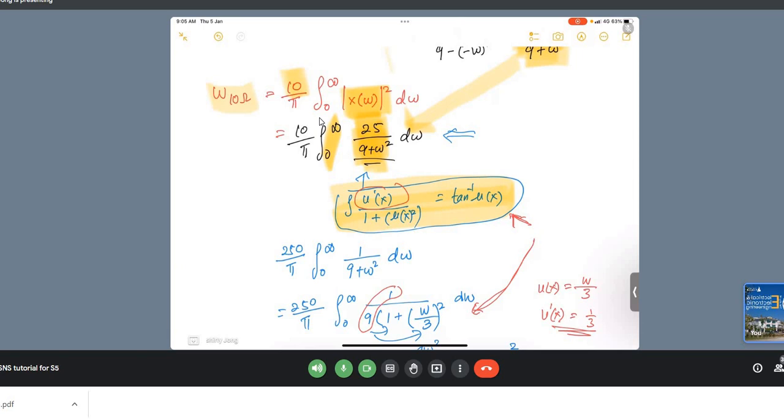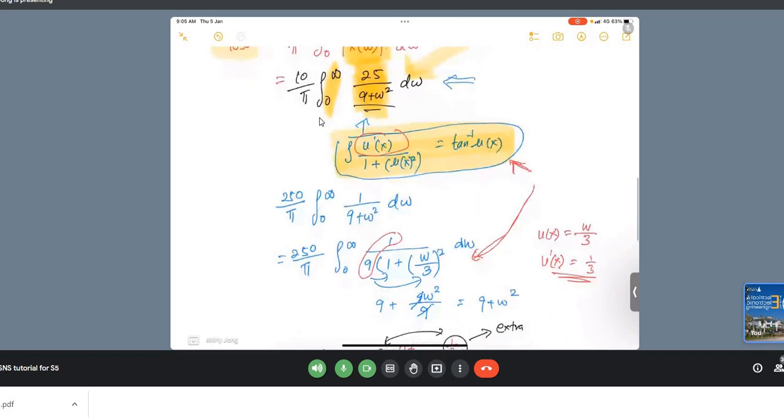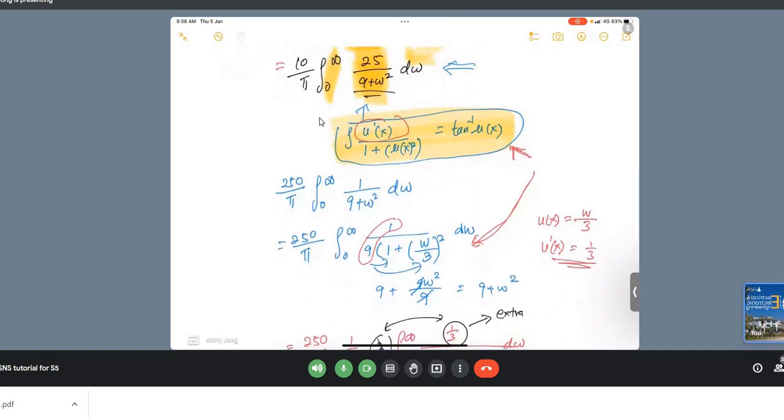This formula is the integration of u prime divided by 1 plus u(x) square; then only you can use inverse tangent u(x). If the format of this formula is not fulfilled, you cannot use inverse tangent u(x). So you need to change the equation that you have to the same type as this formula.